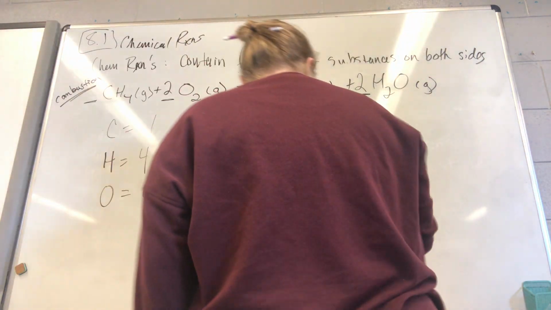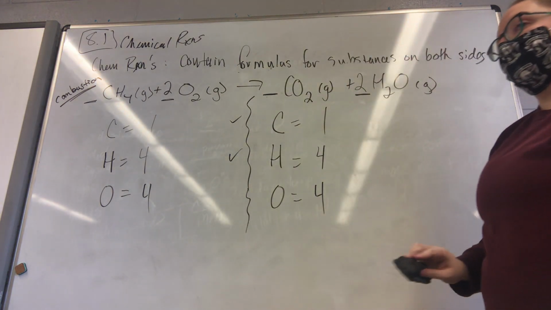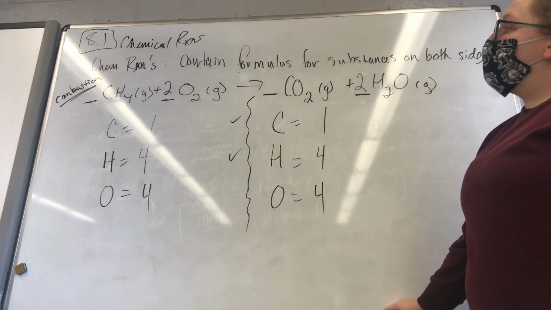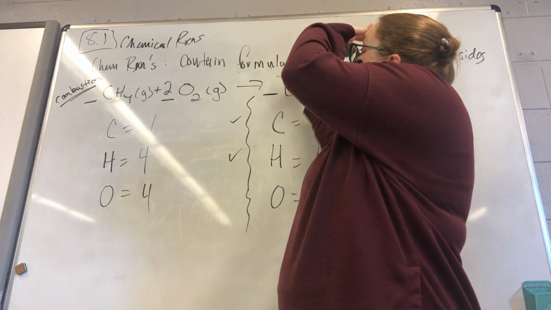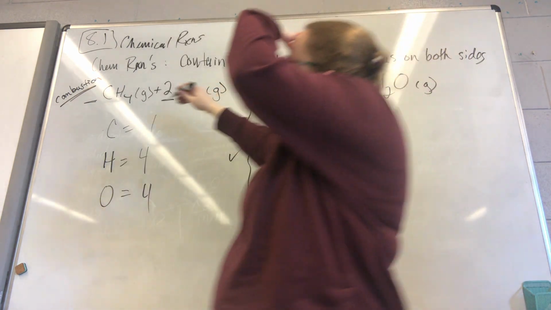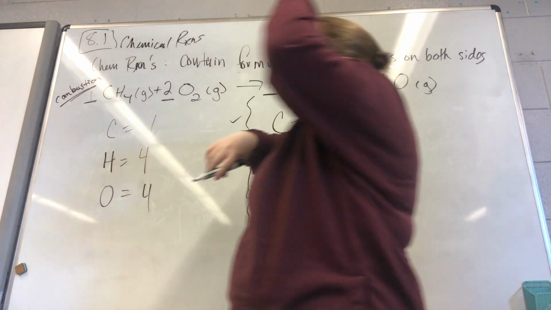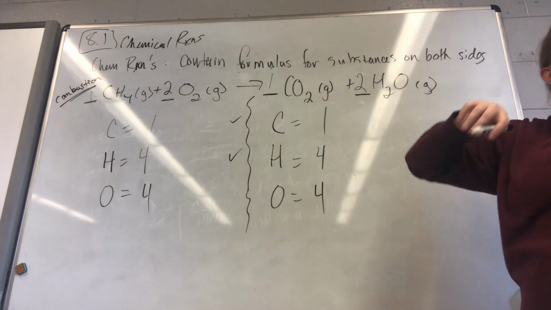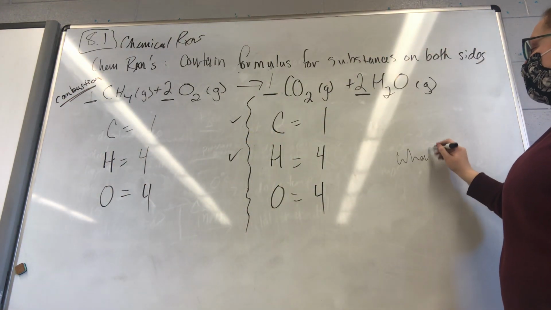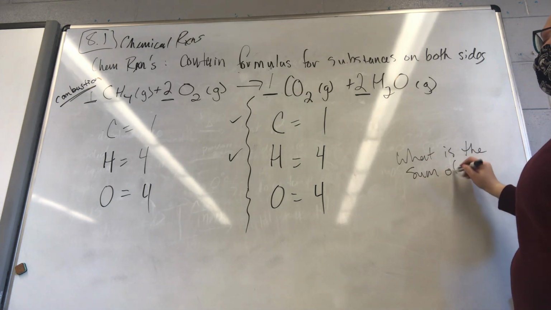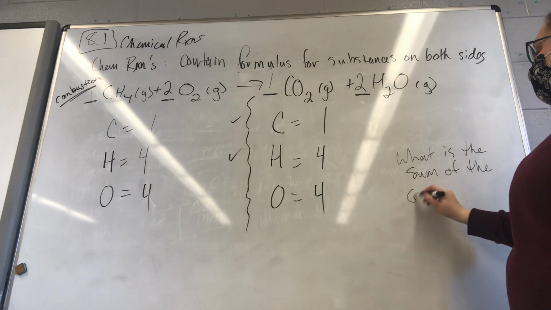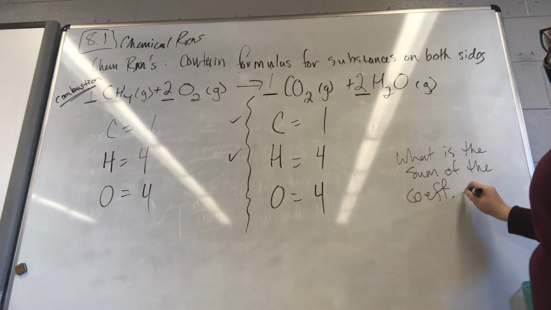Let's do another one. One of the things I do want to point out here is I don't put numbers in front, but what number does go here? A 1. One of the most common ways that I can ask questions with a balanced equation is, what is the sum of the coefficients of a balanced equation?